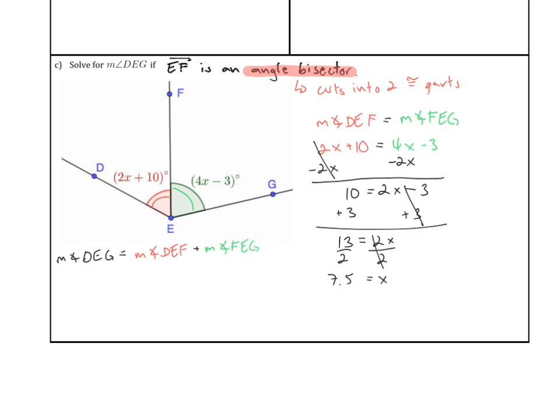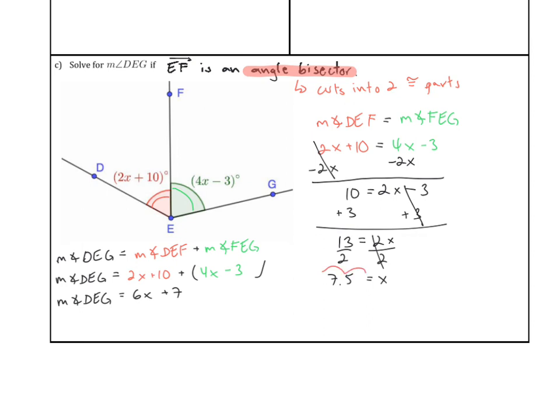All right, now substituting in, the measure of angle DEG is equal to 2x plus 10 plus 4x minus 3. Combining like terms, I get that the measure of angle DEG is equal to 6x plus 7.